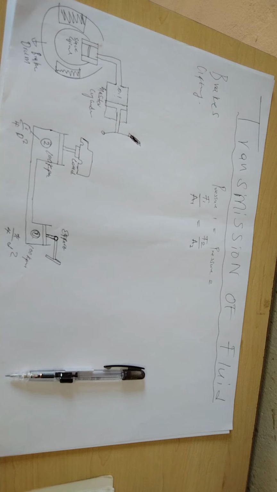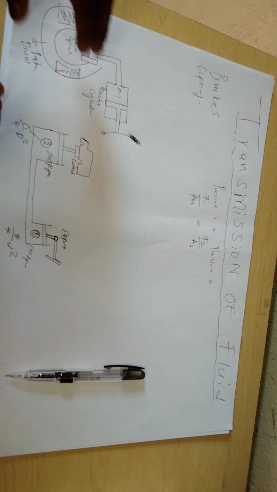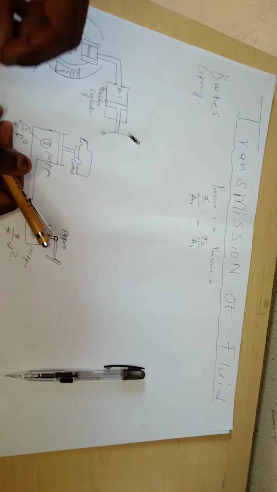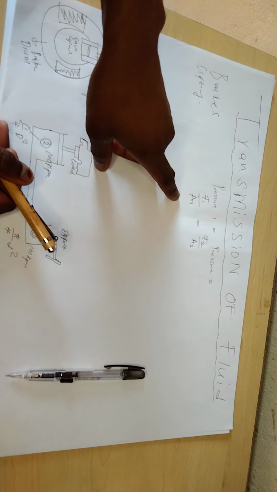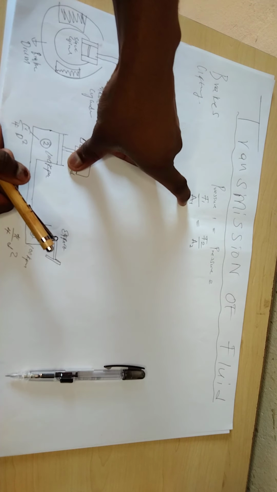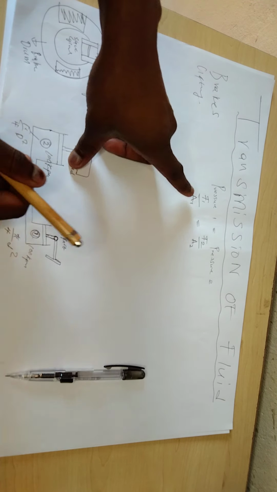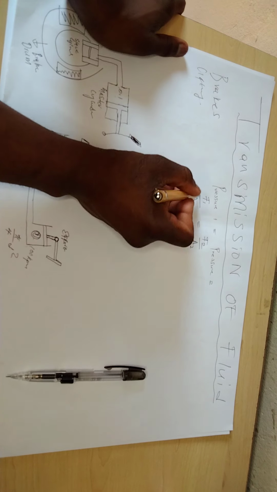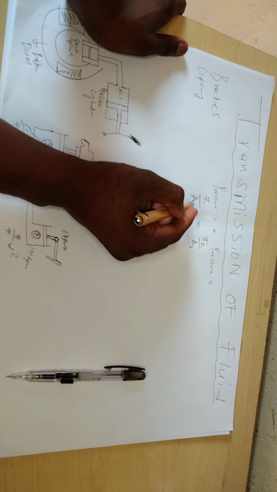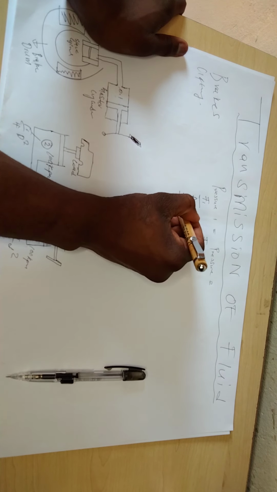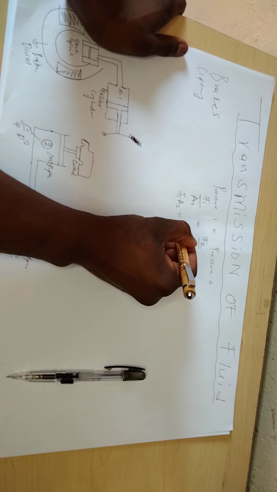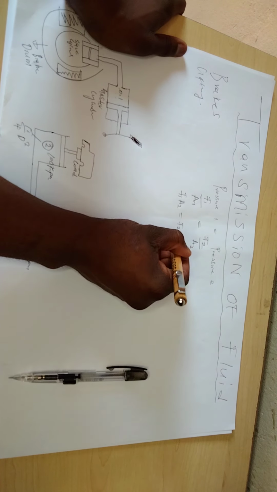To get our mechanical advantage, we're always going to break out our formulas. Let us cross multiply, meaning we're going to say force 1 multiplied by A2 is force 2 multiplied by A1. We cross multiplied, you see.